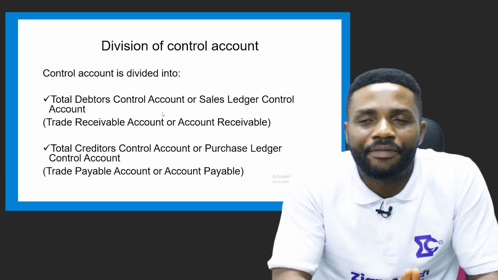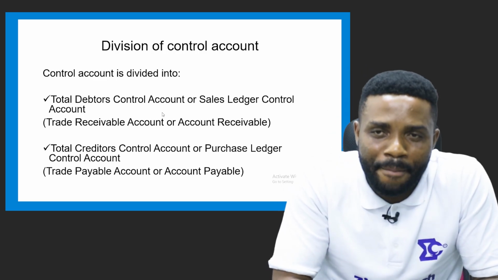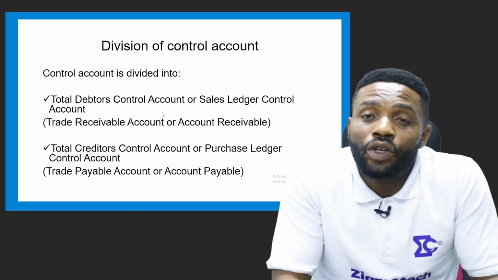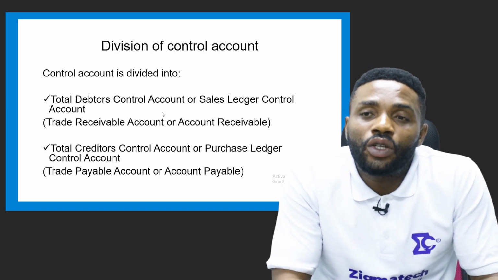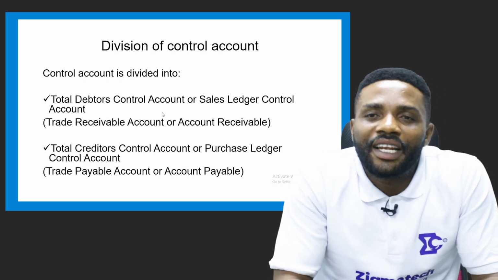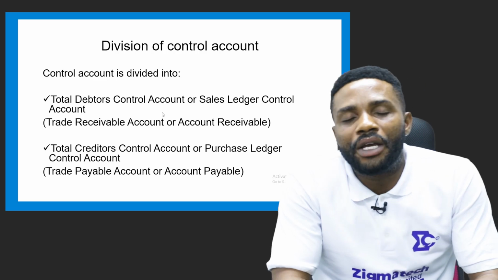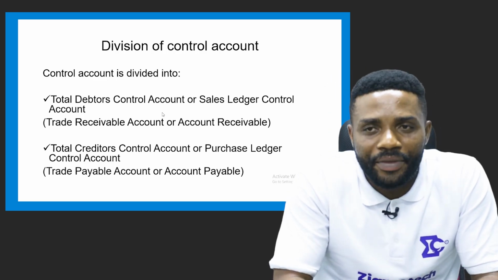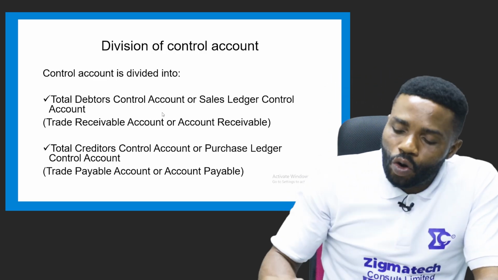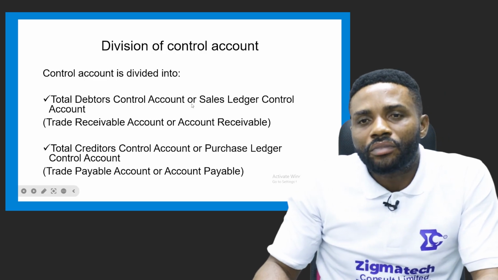All of them are referring to one particular thing. And whether the author decides to call it total creditors control account, purchase ledger control account, trade payable account, or account payable, all of them mean the same thing. They are creditors control account.